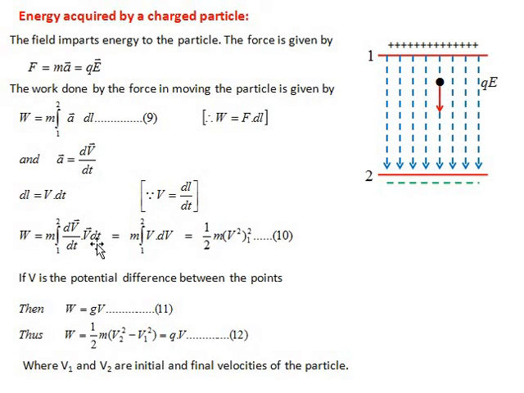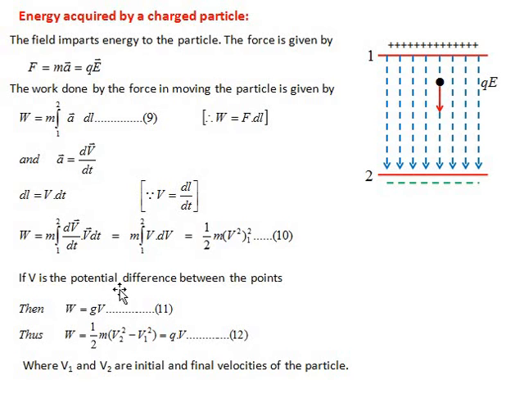It becomes m times the integral of v dv, because dt gets cancelled. The integral of v dv is v square by 2, so it is equal to 1 by 2 m v square from limit 1 to 2. Call this equation number 10.